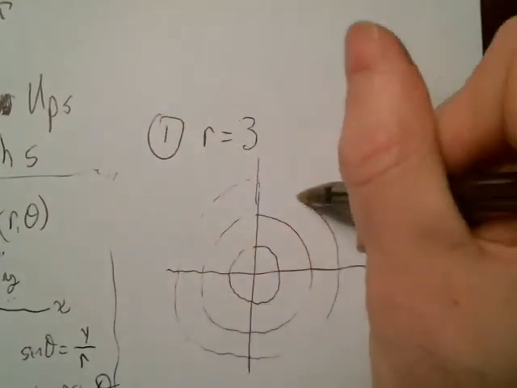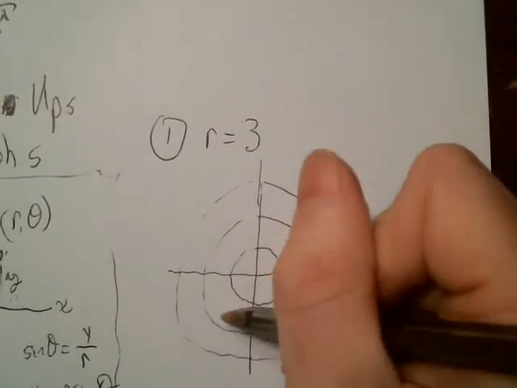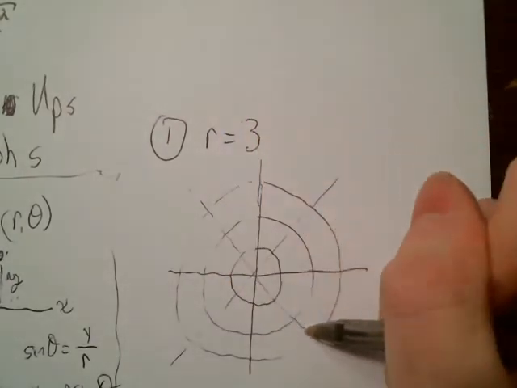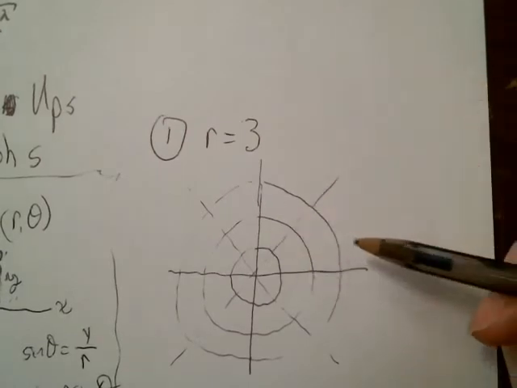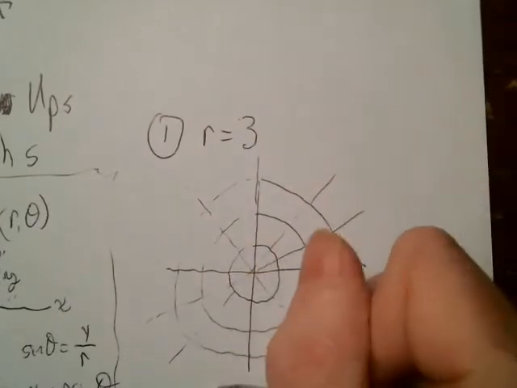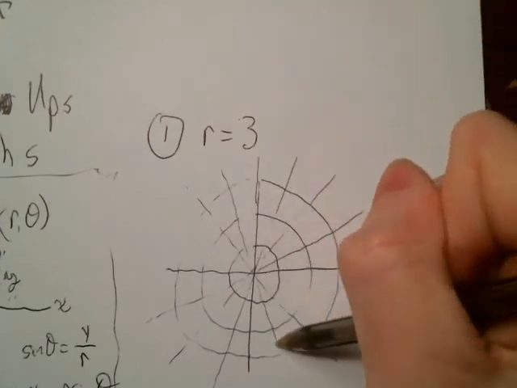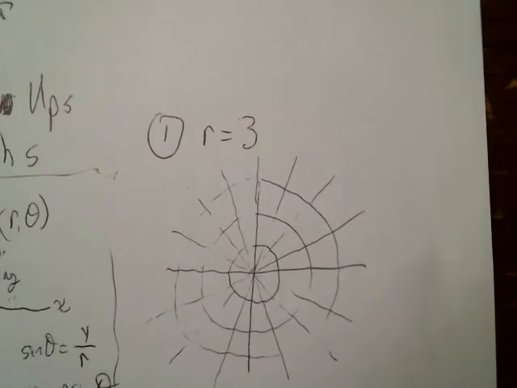So it's populated with a bunch of concentric circles and then angle lines to help you go around. So this would be at pi over 4, the way I've drawn it. Usually they'll add in pi over 6s and then the pi over 3s. Okay, so that's our polar graph paper.